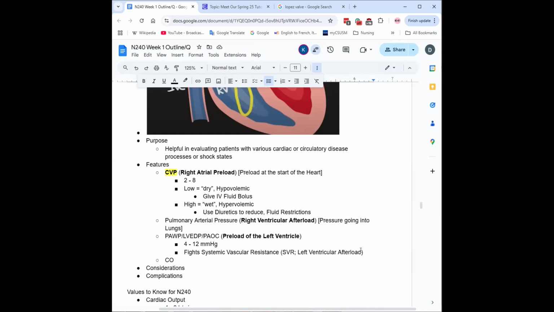So if someone has a really high PAWP, that's when you want to consider vasodilators, because those are going to affect the systemic vascular resistance, which is what this is directly fighting against, because it's fighting the afterload.